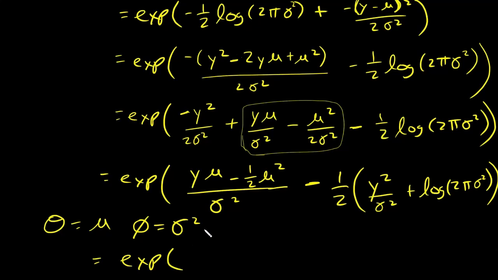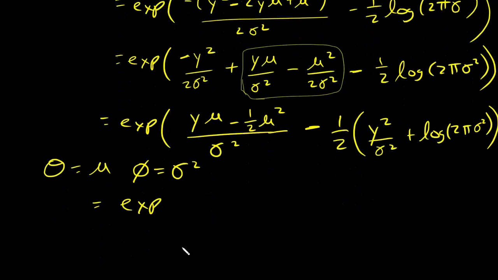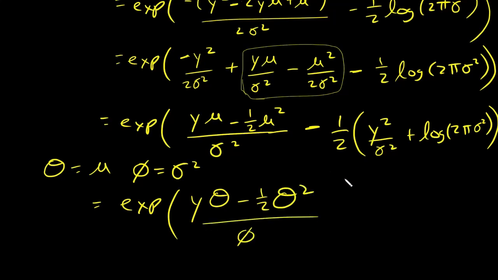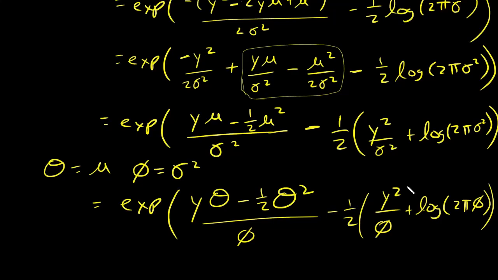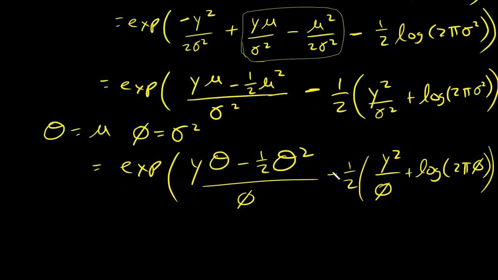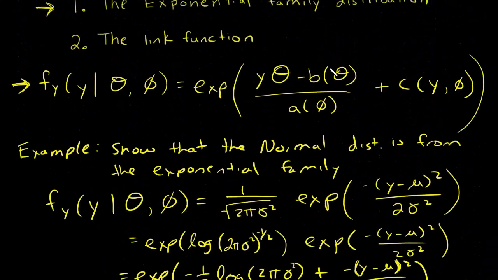So I have y times θ minus 1/2 θ squared, divided by φ, minus 1/2 y squared over φ plus the log of 2πφ. All right, so now I've shown that this is the exponential family. This looks almost exactly like this.